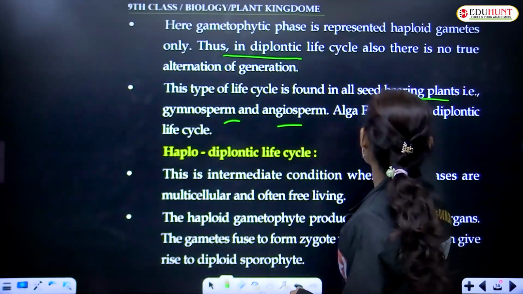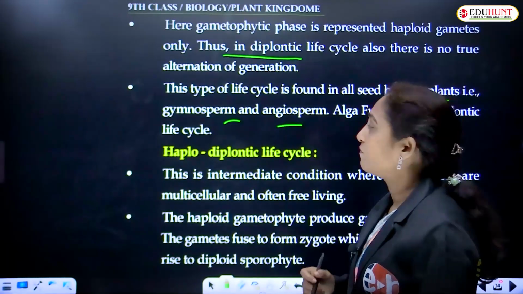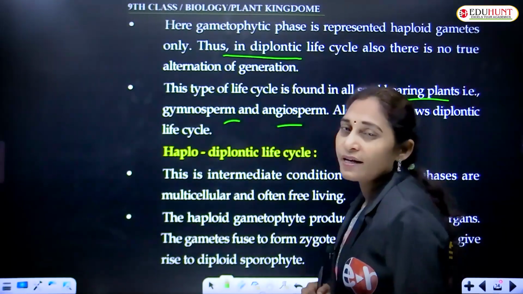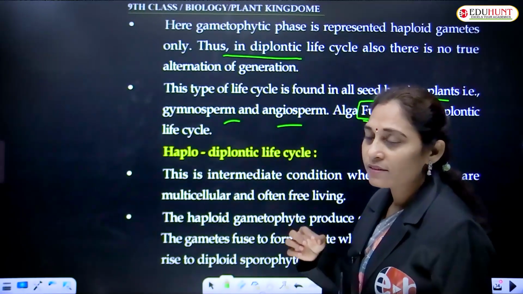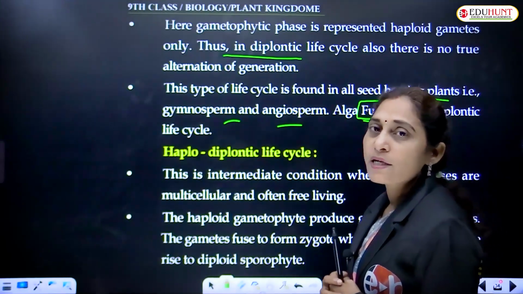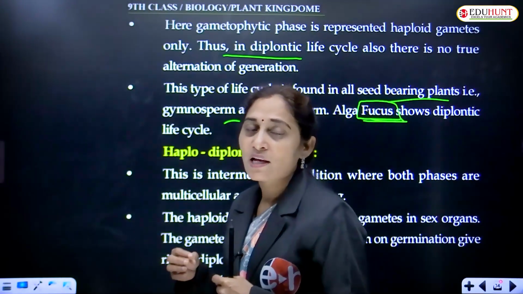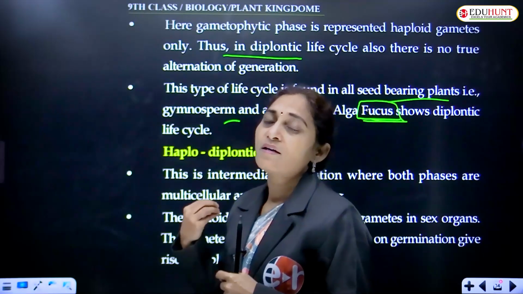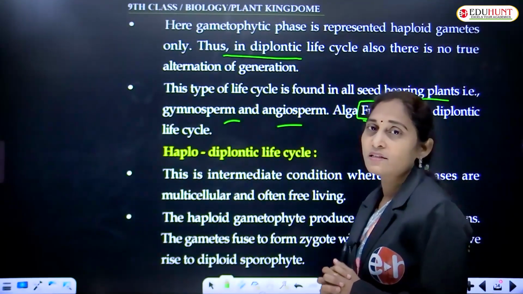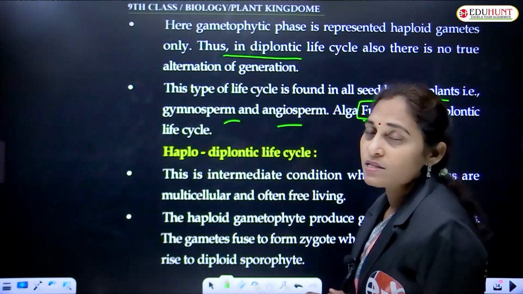In algae, Fucus shows the diplontic life cycle, which is very important. Though it is an alga, in Fucus the dominant phase of the life cycle is the diploid phase. That is why the diplontic life cycle is seen in one of the algal members, Fucus.